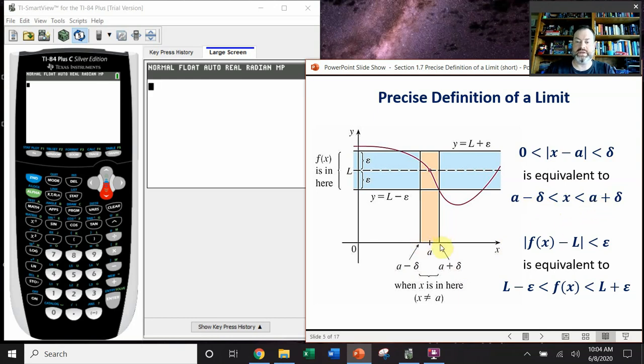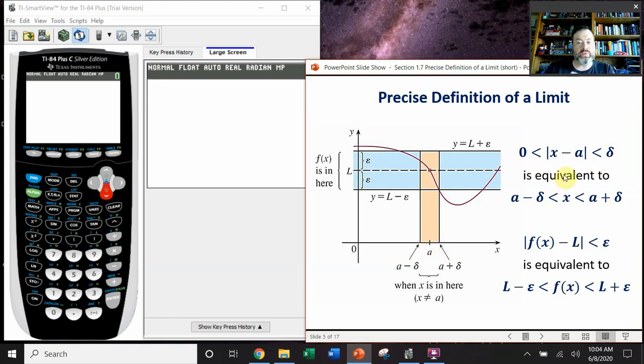Here's a plus delta, that's this point. We're just saying when x is in here somewhere. So this thing gets unpacked to read like that. You can do it with algebra, but clearly that's the same meaning. So the distance between x and a is less than delta. It's in this area.